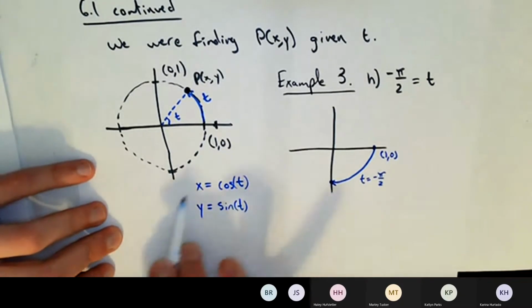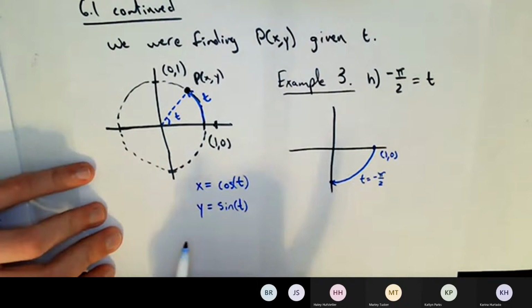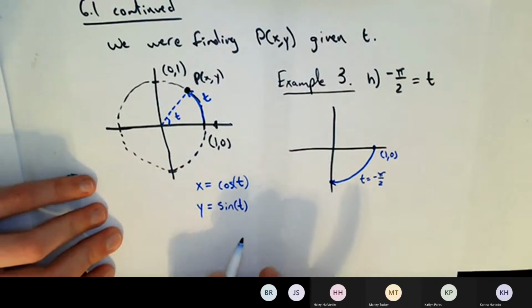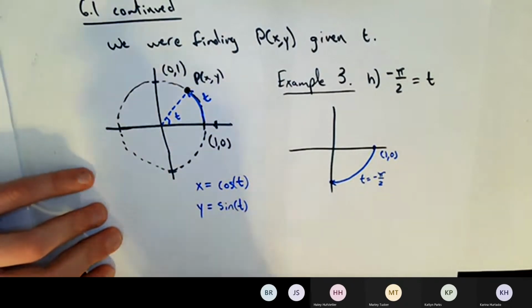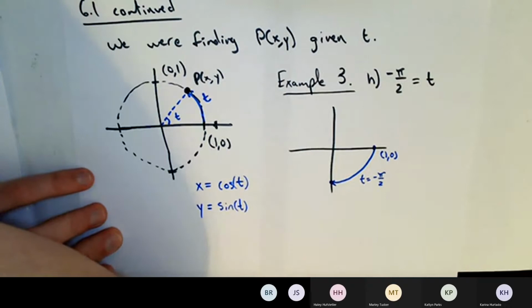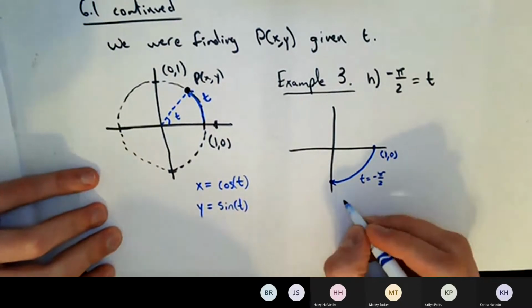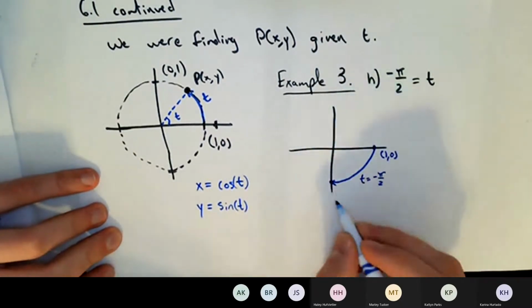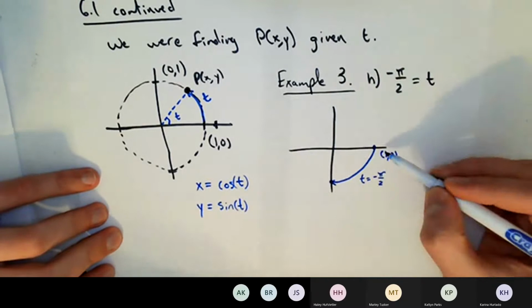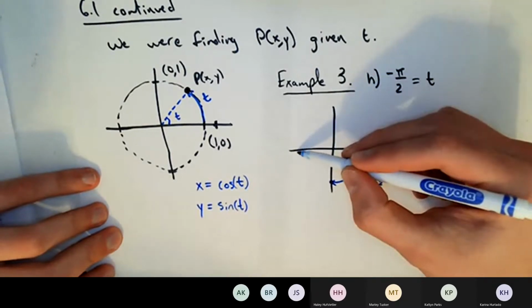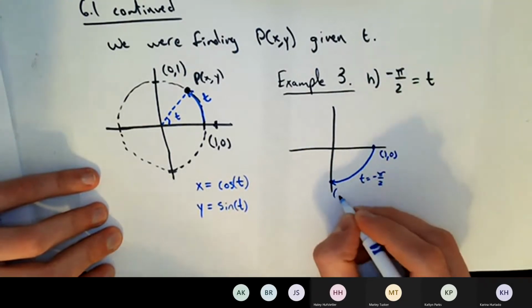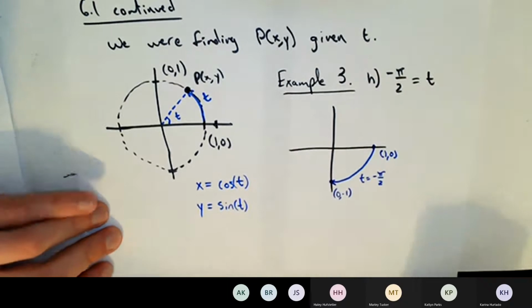You could just go straight to this: x equals cosine of negative pi on 2, and y equals sine of negative pi on 2. But we also just know that the axes points on the unit circle are 1, 0, 0, 1, negative 1, 0, and this one is 0, negative 1.